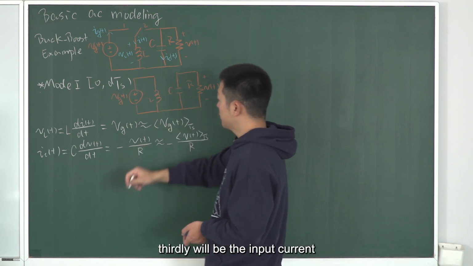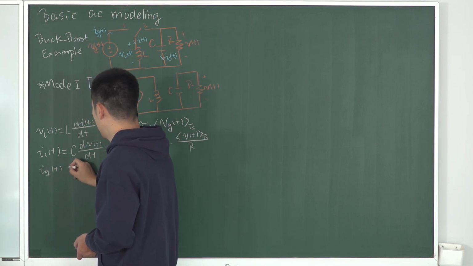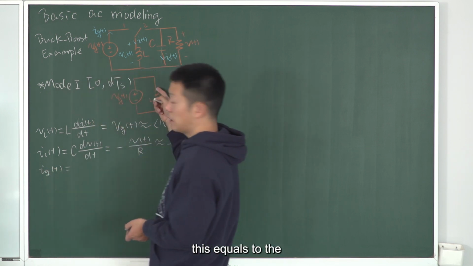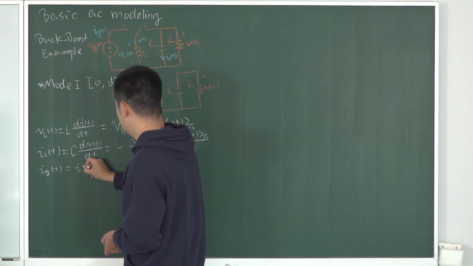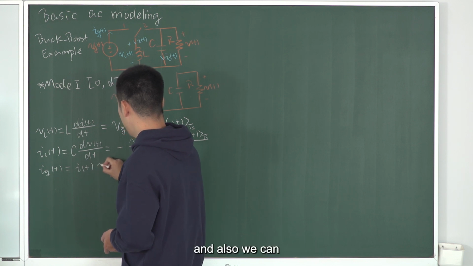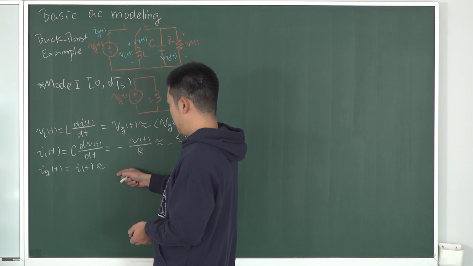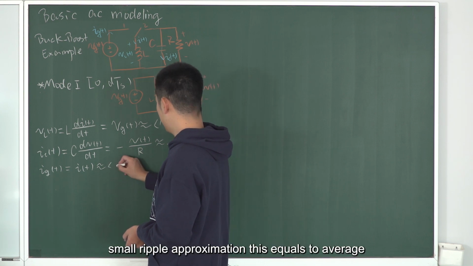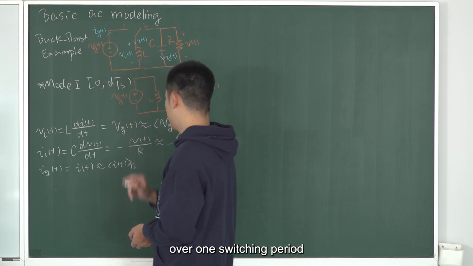Thirdly will be the input current. This equals the inductor current. Also, we can do the small ripple approximation, so this equals the average over one switching period.